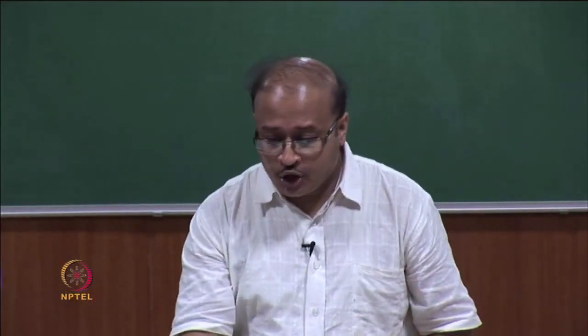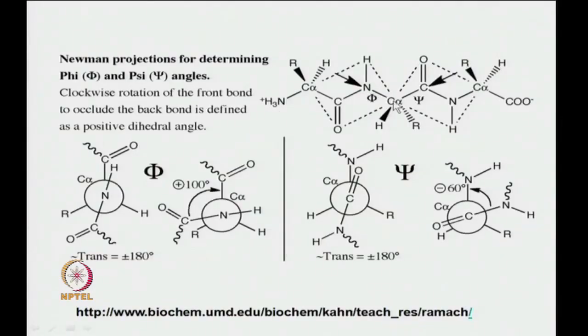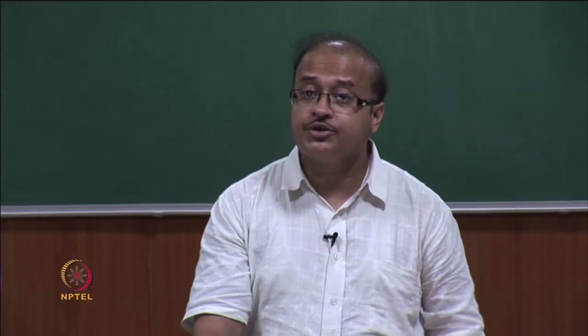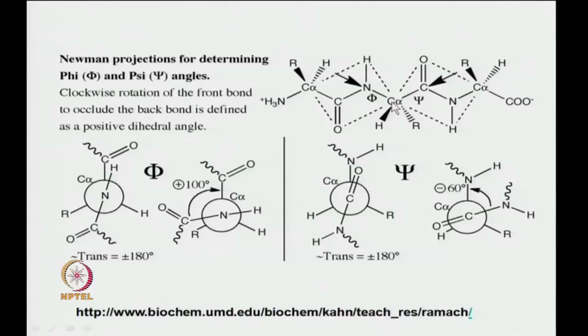Okay. Here again we have the extended chain, and these dotted lines constitute the planes. The planes are those where you have the amide bonds located. Now, this is your phi, this is your C alpha, please again follow the pointer, then this is the C and this is the N. Any rotation on this C alpha N bond is referred to as the phi, and any rotation on the C alpha C bond will be referred to as the psi.